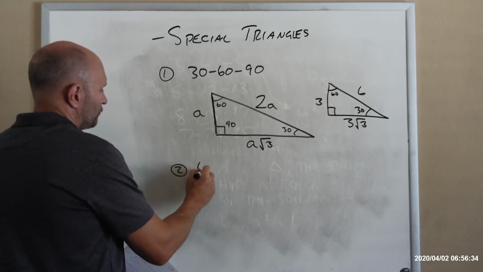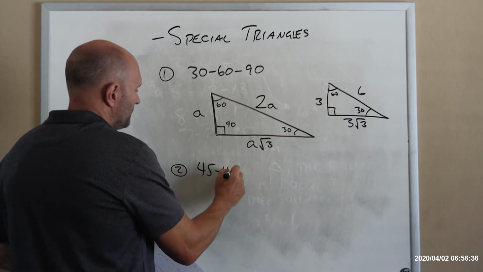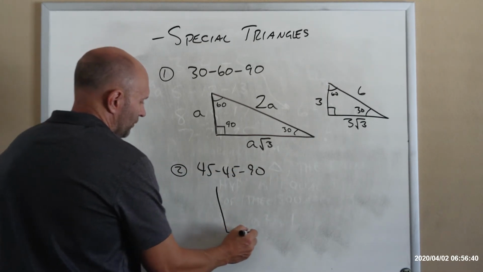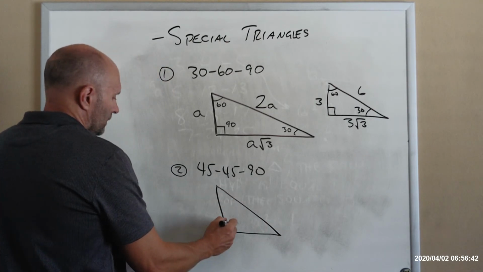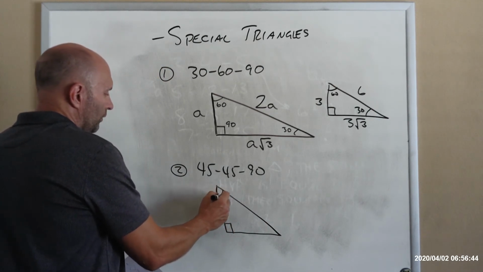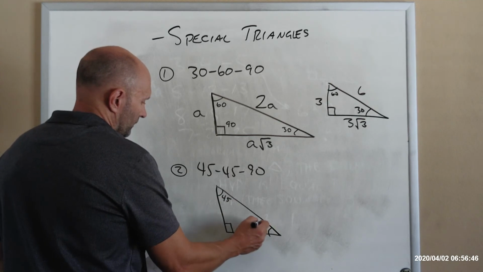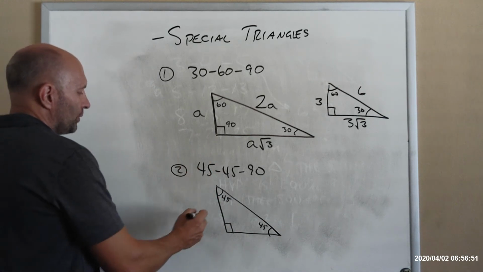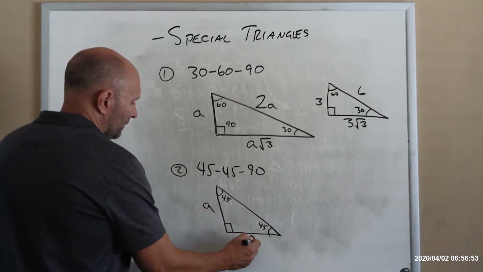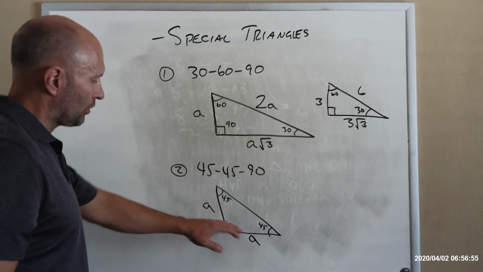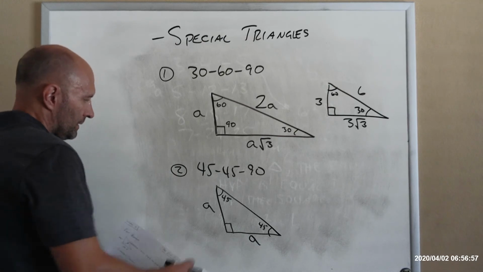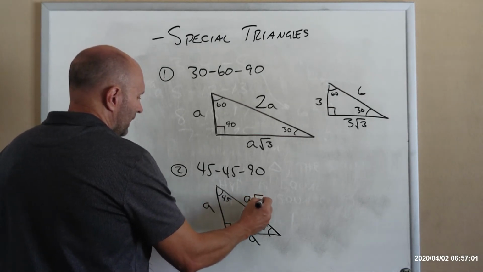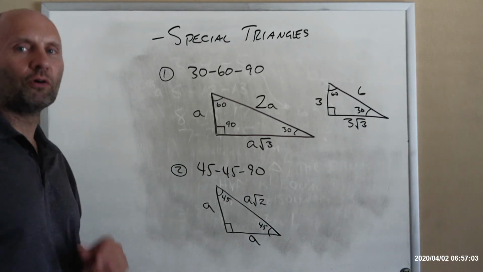The other special triangle is a 45, 45, 90. So this one is an isosceles triangle, so two sides and two angles are the same. In this case, they're both 45. The feature with this one is that the legs are the same length, so we'll call it A and A. And the hypotenuse is always A times the square root of 2.